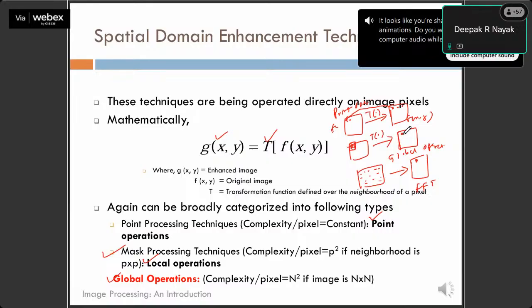CNNs, convolutional neural networks, you'll get to know about them, are very good at extraction of the local information from the image, because the convolution operation itself is a local operation. But it cannot extract global information because it is not a global operation, because convolution is always applied to a particular local region, which is the neighborhood of that particular pixel. Global is very important here, because sometimes you need both the local and global features.